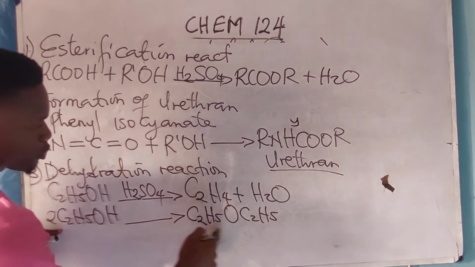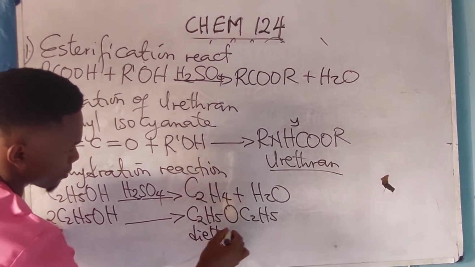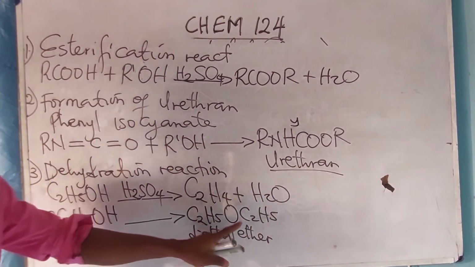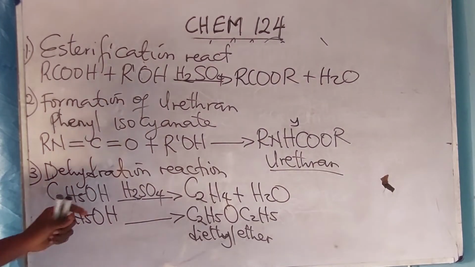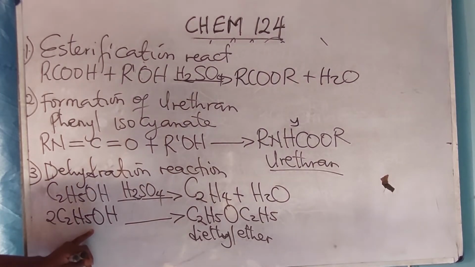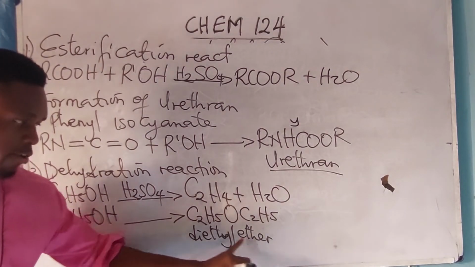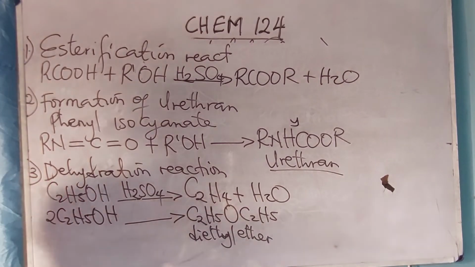So this is called what? Diethyl, then ether. Now this is the ether functional group, alright? So the dehydration of excess ethanol produces what? A diethyl ether. So please take note of that.